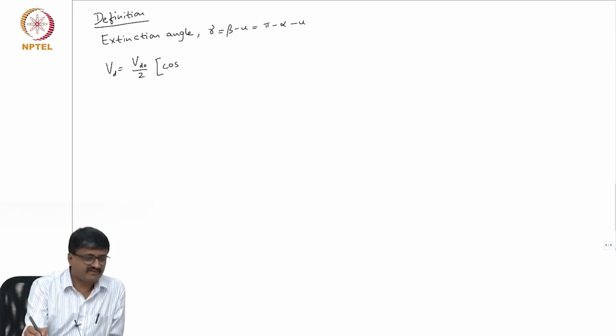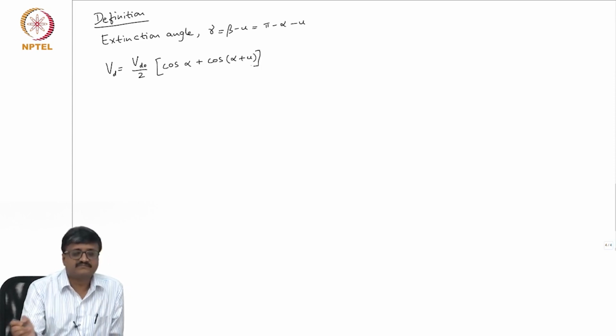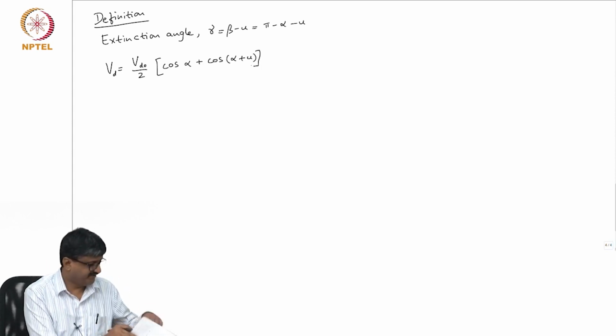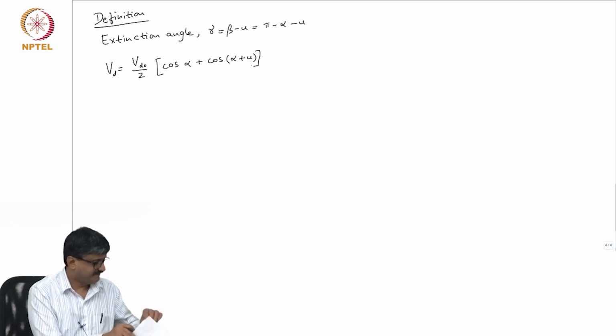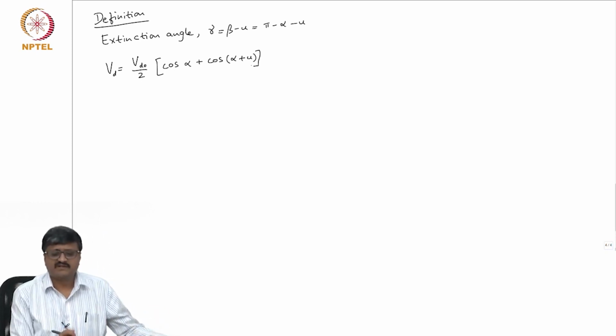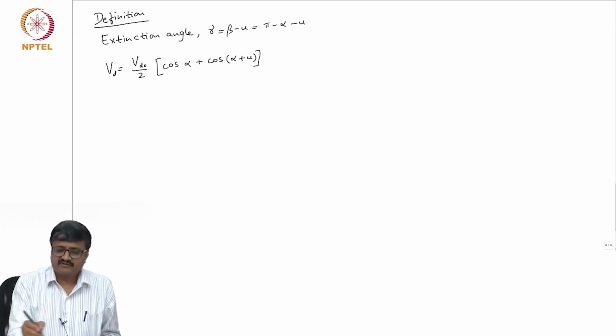You may not remember this, it is cos alpha plus cos alpha plus u. Maybe 2 classes ago we derived this equation. So, what one can do is try to write this in terms of gamma instead of alpha. One can do that.